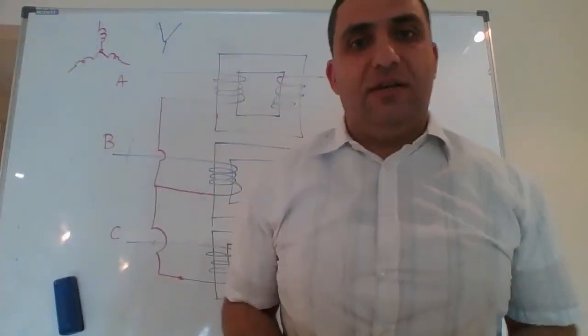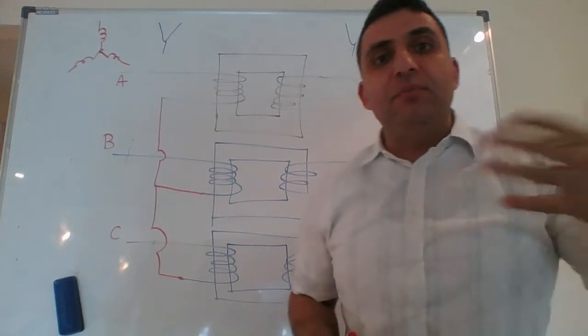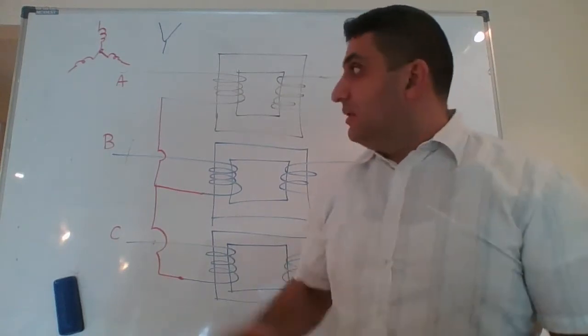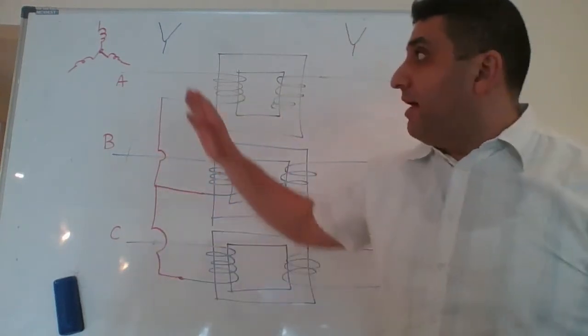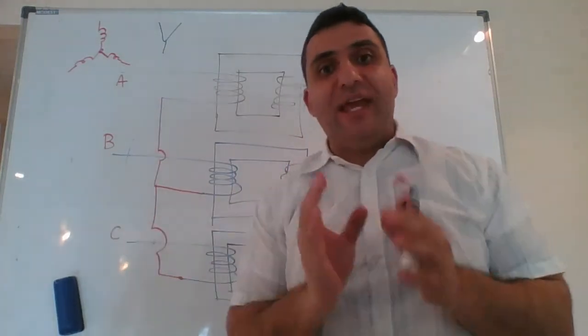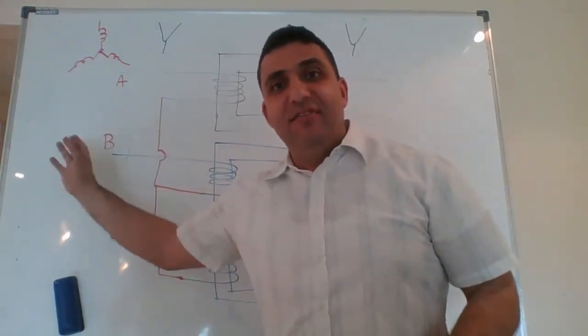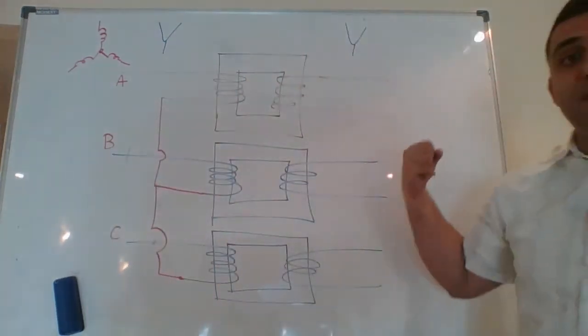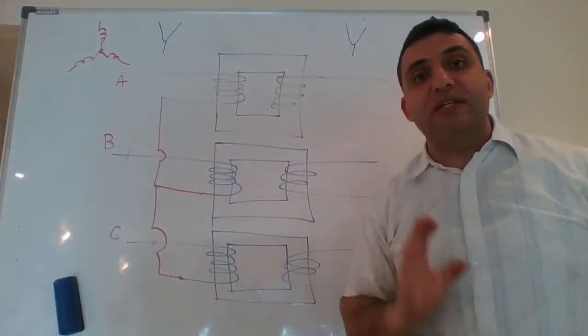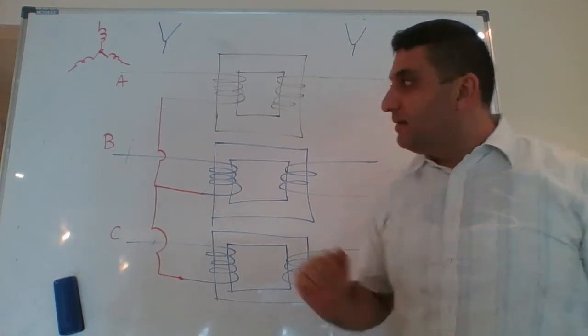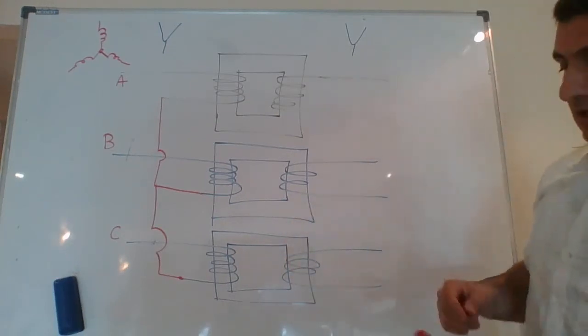It's worth noting that in many books or many countries, they will have capital A, capital B, capital C as the primary notations, and on the secondary they have small a, small b, small c. Now the second side I do exactly the same.